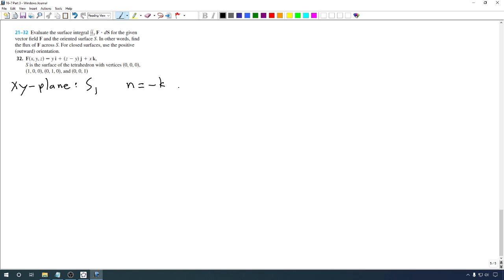In fact, negative k is actually what we'd get if we use the parameterization of x equals x, y equals y, and z equals 0. This is a nice parameterization of that surface, but in order to get negative k, we do have to take r sub y cross r sub x, which might not be the order that you expect it to be.